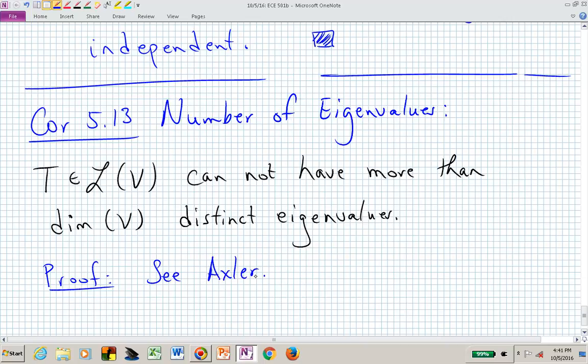And I'll let you study that one on your own. But now you know that if you have a vector space of dimension n, you can't have n plus 1 distinct eigenvalues.